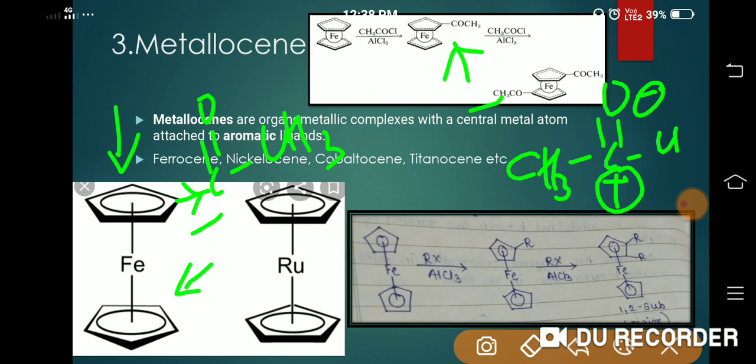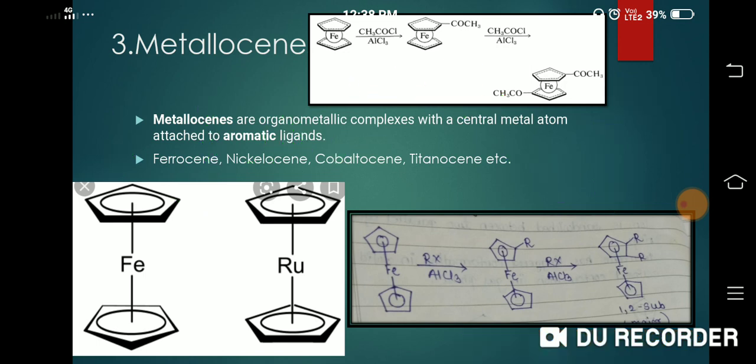Therefore, here we are getting the 1,1' diacylated ferrocene as the major product, whereas in the case of alkylation of ferrocene, the alkyl groups are electron donating in nature. When the first substitution of alkyl at the Cp ring occurs, it provides its electrons to this Cp ring, making it more electron rich.